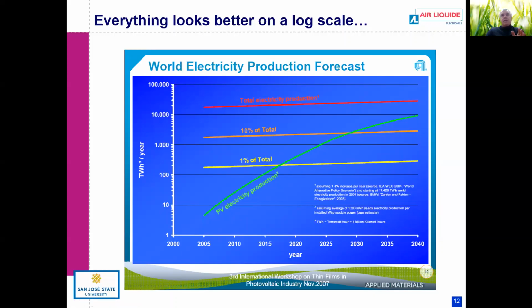This extends way into the future, but at the time it was done, it was more like 2015, right? And they just drew this line, and as far as I know, this is about right. We're coming up around 2% now, I think, from photovoltaics. Maybe not, but we'll see. Maybe we're a little bit shy of that.